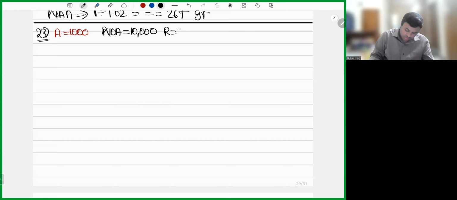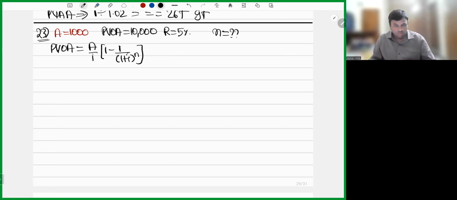Rate of interest is equal to 5%. Is asking n, number of years. So present value of ordinary annuity. We can do it in calculator also, but I don't recommend you to do it in the calculator. Let's apply the formula. A divided by I into 1 minus 1 divided by 1 plus I whole power n. I hope you remember we are having multiple formulas.